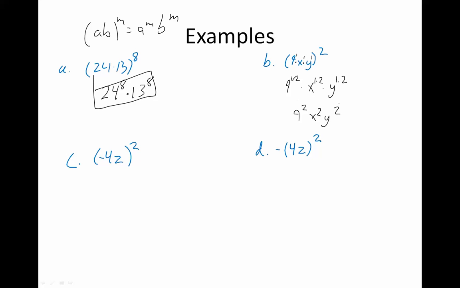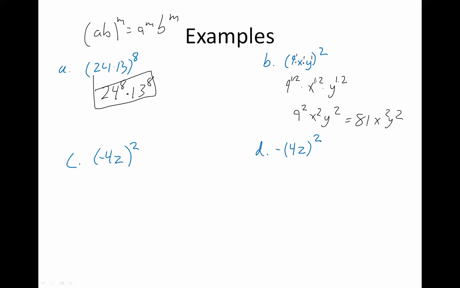Which, like I said, in exponent notation, is proficient. 9 squared we can actually do because it's a fairly easy number, so I'm just going to write it down. So it's 81 x squared y squared. Again, notice that the power of a product means that whenever we're multiplying in here, everything is being taken to the 2nd power.